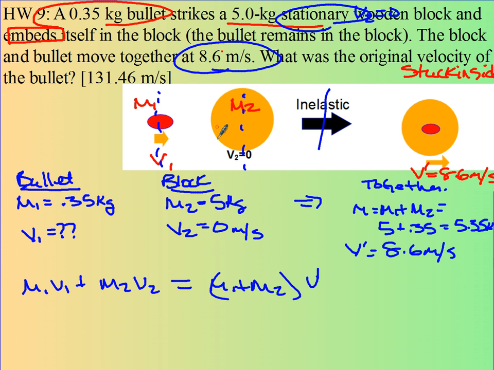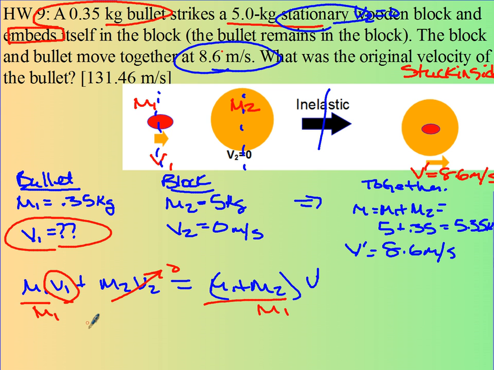What can we get rid of? I know V2 is 0, so I'm going to mark that out. And in this case, I'm looking for V1. So to find V1, I divide through both sides by M1. So V1 is M1 plus M2 divided by M1 times V prime.